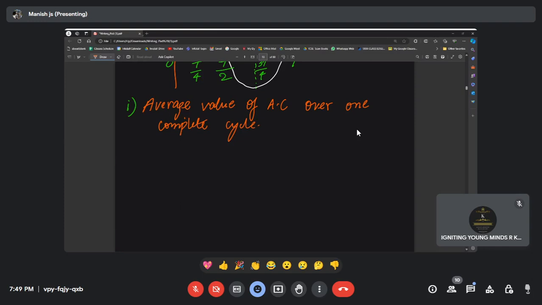Because the derivation aspect is not there for us, I am directly going to give you the relations. There is a derivation for this, but it is not necessary for us.